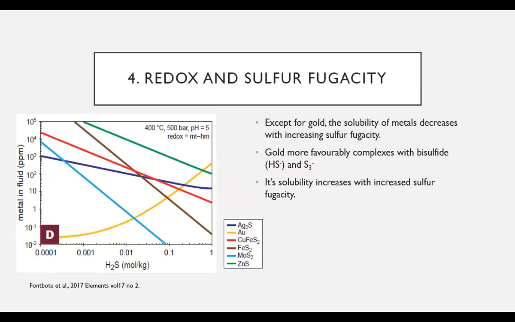So its behavior increases with increasing sulfur fugacity. So if you have more sulfur in the system, or change that sort of nature of its redox, gold will be happier. So if we can change that balance, gold will precipitate out. But for the base metals, the opposite is true.